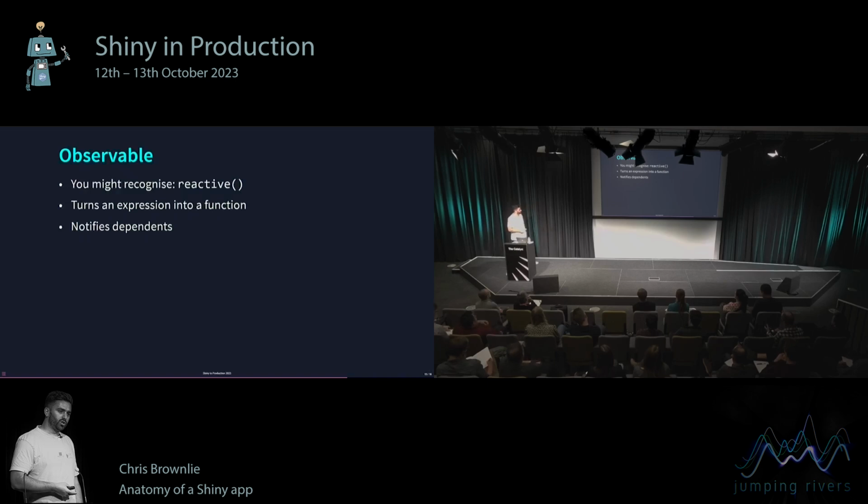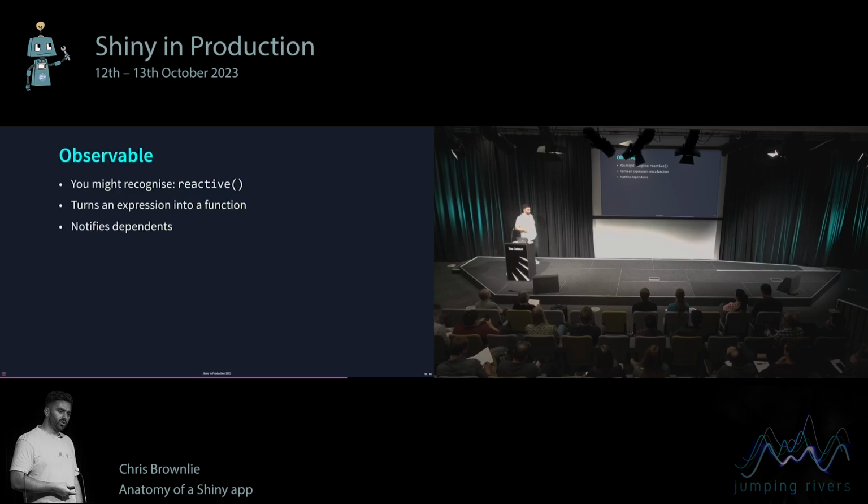Observable is potentially the most confusing in the way that it's named, because we interact with it with a reactive function. It's called reactive expressions in a lot of the documentation. It is a mix between an observer and a reactive value in that it can do the same thing as both of them.